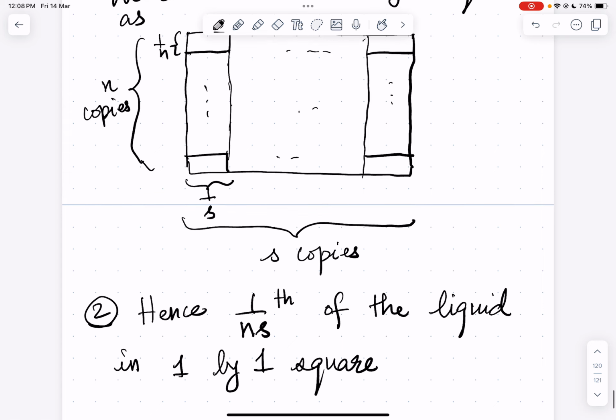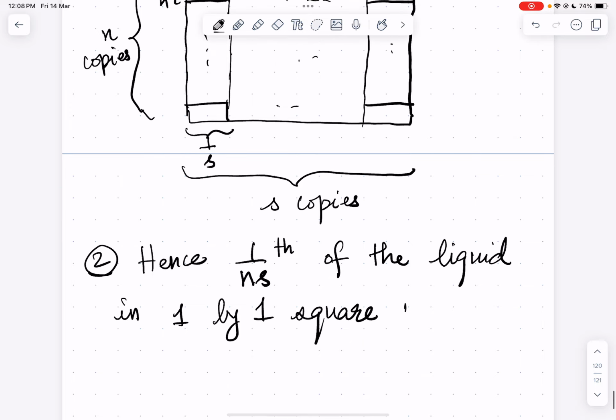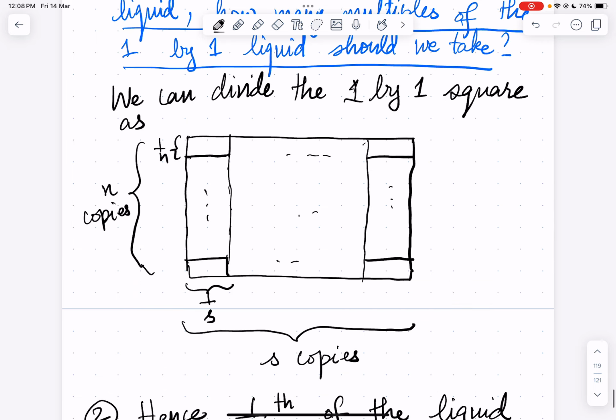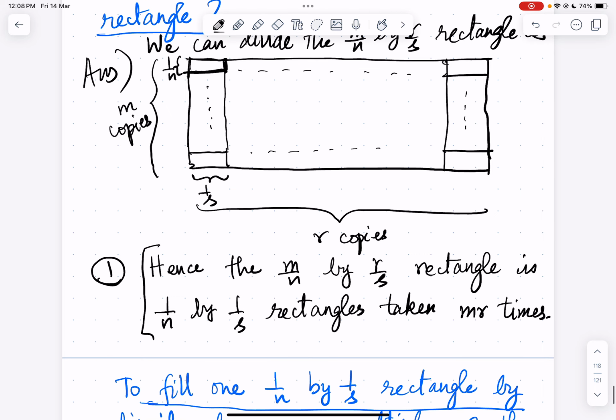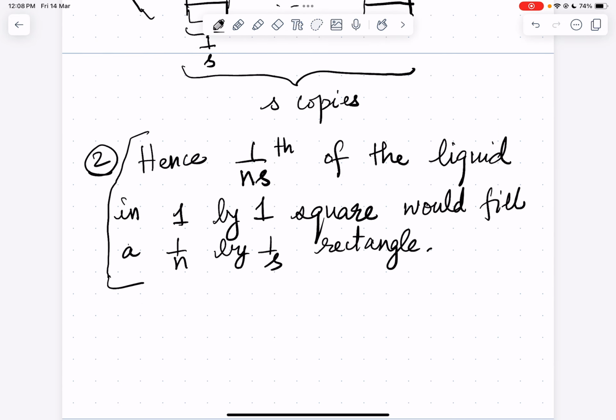From this division above, we can see that 1 by ns of the liquid in the 1 by 1 square would fill a 1 by n by 1 by s rectangle. So we have two observations. Firstly, the m by n by r by s rectangle is mr copies of 1 by n by 1 by s rectangles, and each 1 by n by 1 by s rectangle can be filled using 1 by ns of the liquid in the 1 by 1 square.